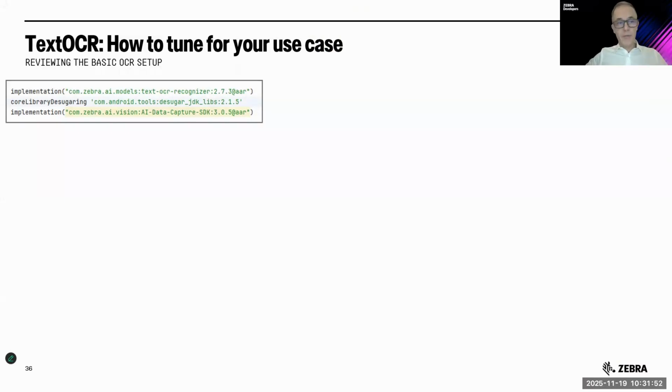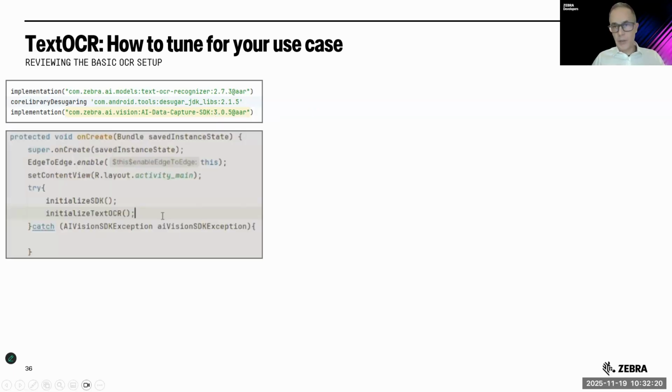This is something very similar to what Kranti has just shown for the product recognition, so I'll move through this quickly. You need to include the recognizer, and the model name is text-ocr-recognizer. In your build.gradle file, you also have to include the AI Data Capture SDK with the proper version number.